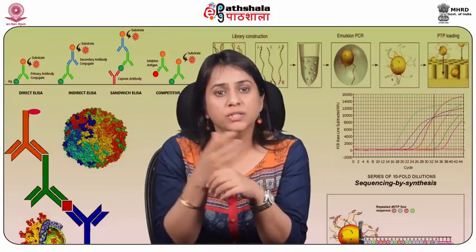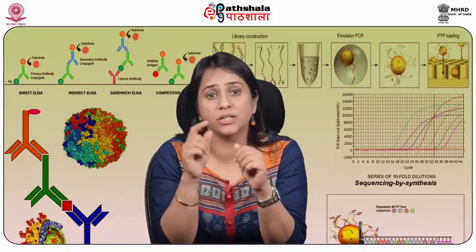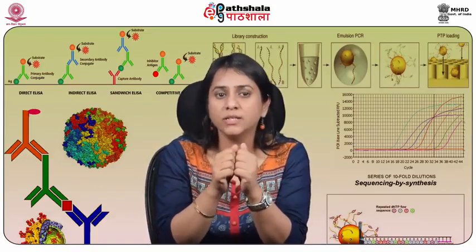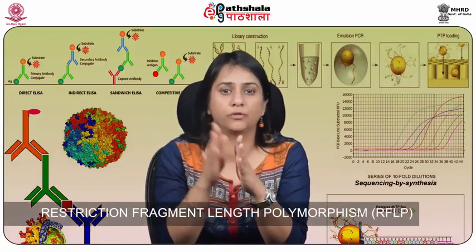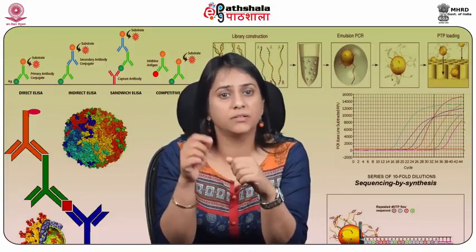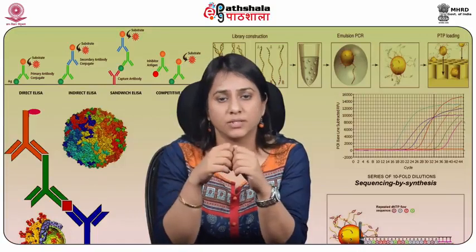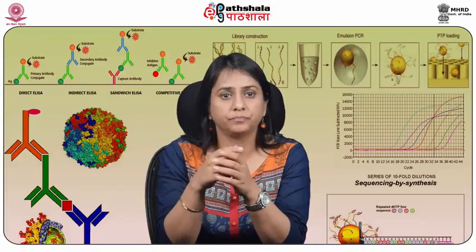In addition to this method, the method which can be easily employed in the laboratory is based upon enzymatic digestion of the nucleic acid. And for this, the most commonly used method is restriction fragment length polymorphism, or commonly known as RFLP. RFLP determines the variation or polymorphism in a nucleotide sequence to differentiate between two sequences.